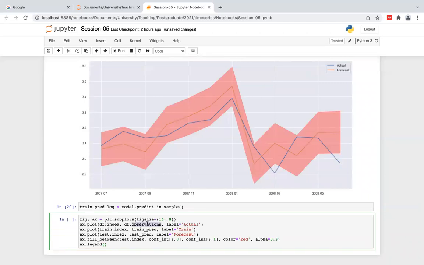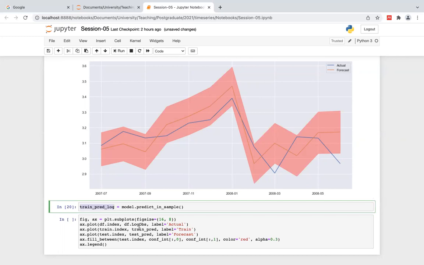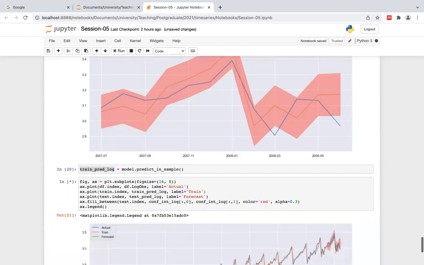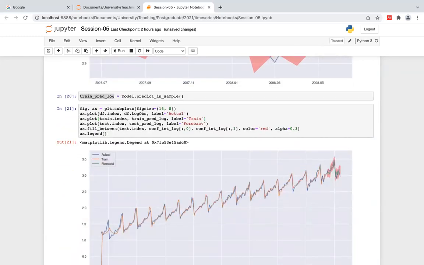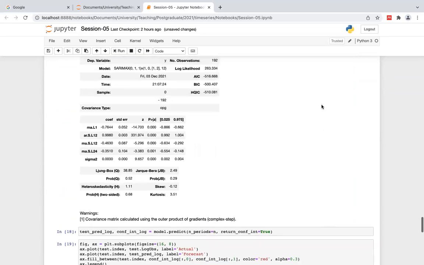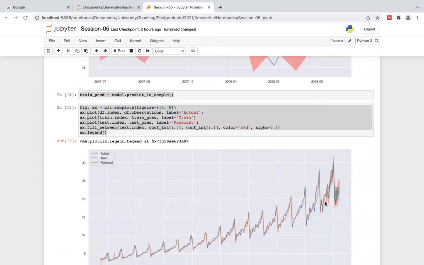Then log observation, train pred log, test pred log, confidence interval, log alpha 3, forecast 5. Once we run this, let's compare with the previous.